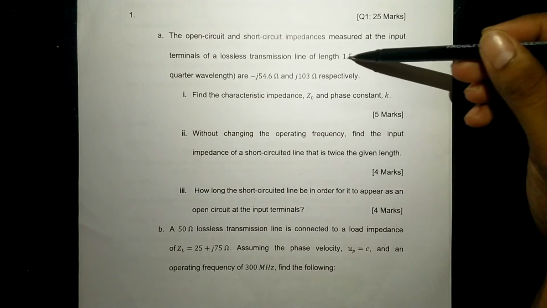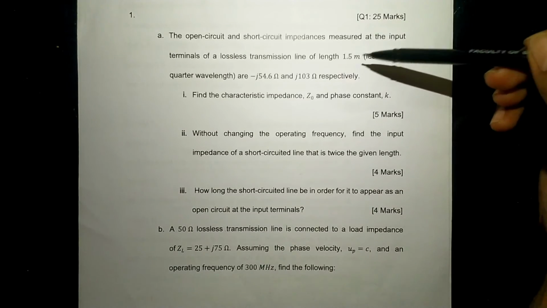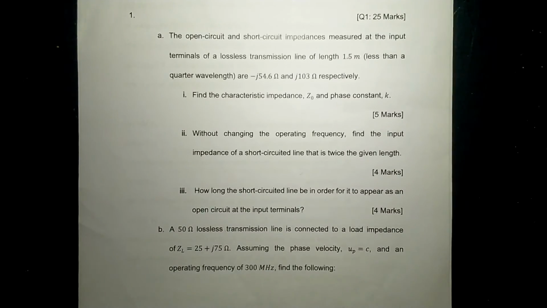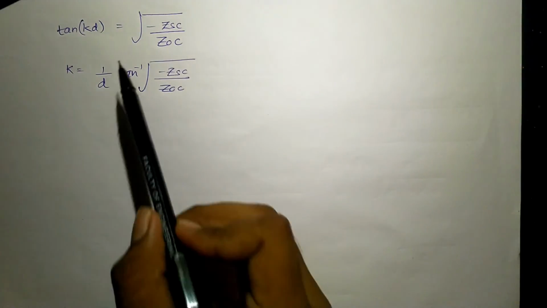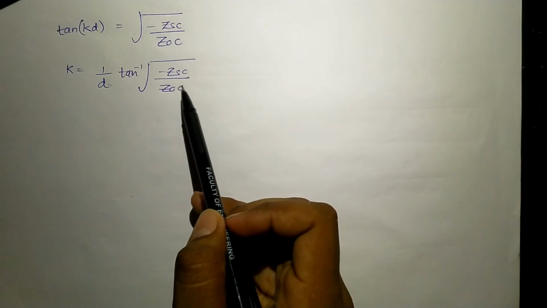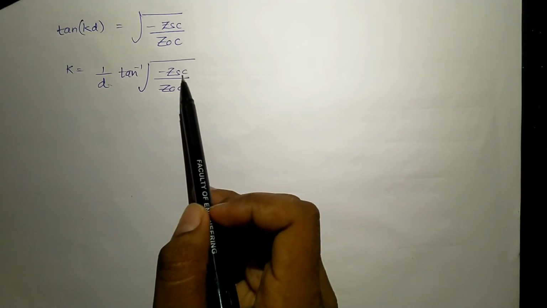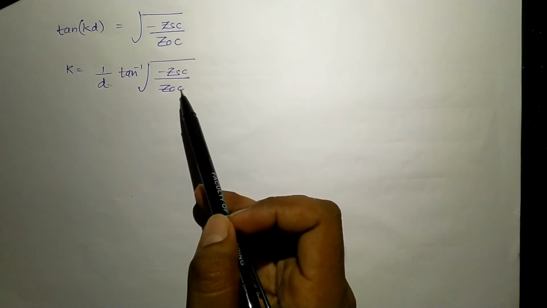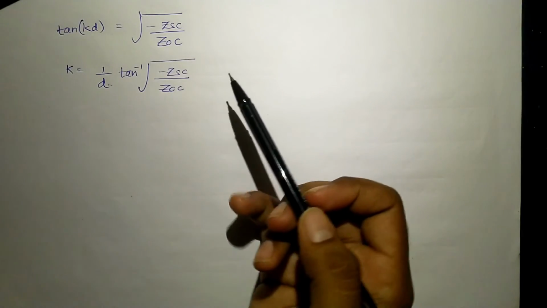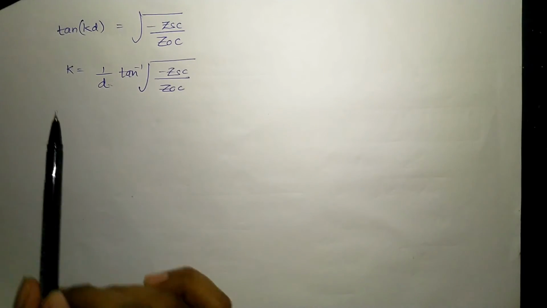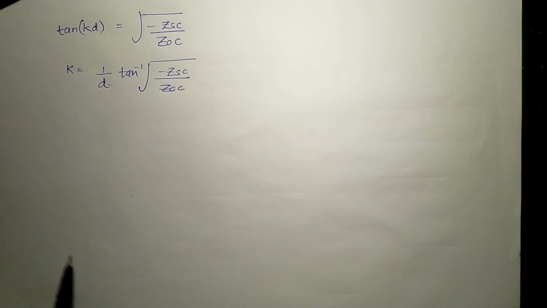Here the question says 1.5 meter. That is the length of the transmission line, that is the value of D. So substituting D as 1.5 and the values of ZSC and ZOC, j54.6 and j103, into this equation, we can get the value of the constant K, the phase constant. So here we get the answer for question 1.